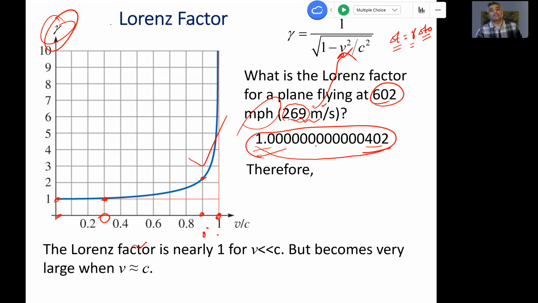So that's why there is no time difference measured between the clock on the flying plane versus, let's say, a person on the ground.